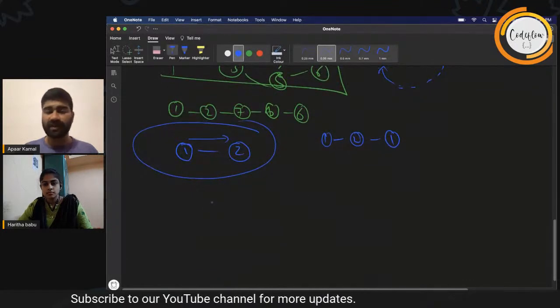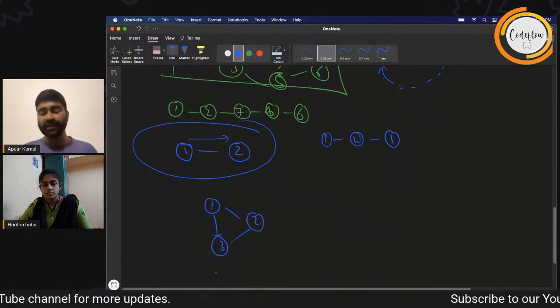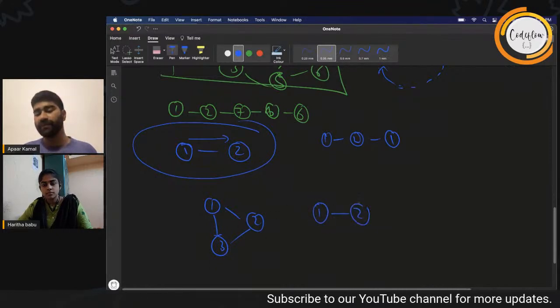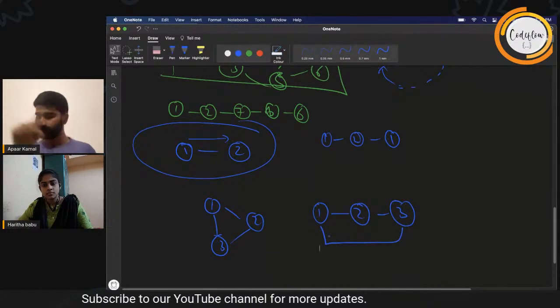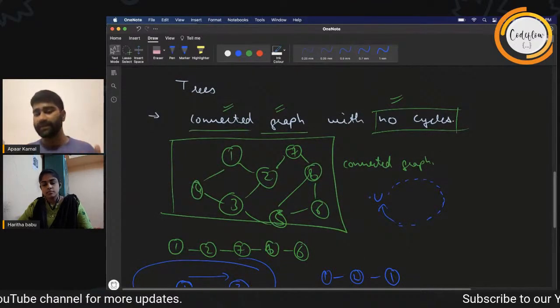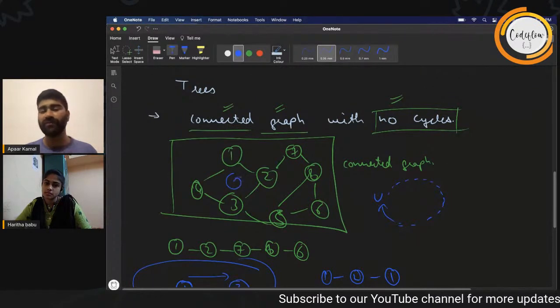Let's talk about another graph. Let's say 1, 2, 3. Is there a cycle in this graph? Yes. Why? Because if I go this way, 1, 2, 3, and then back to 1, this is a cycle, right? In this above graph, we can see that there are many cycles. This can be one of the cycles, 1, 2, 3, 4.